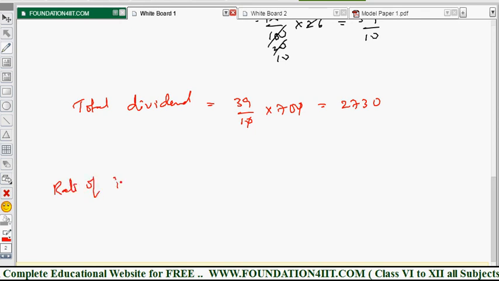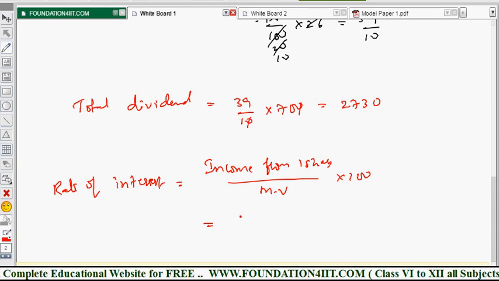Now we can find the rate of interest, which is simple. Rate of interest is equal to income from one share by market value into 100.